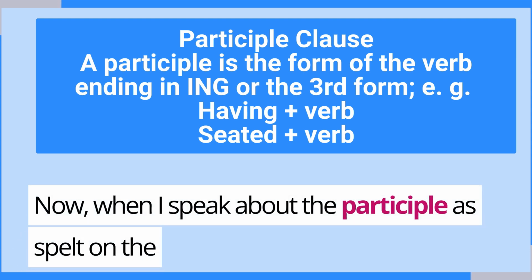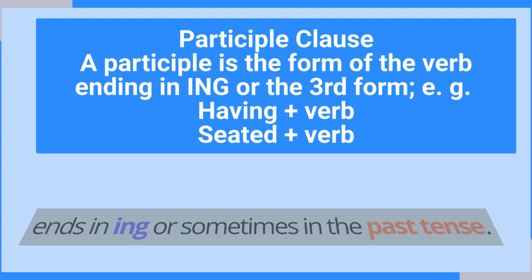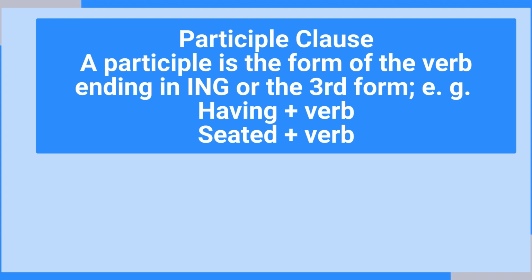Now, when I speak about the participle as spelled on the screen, I am referring to the form of a verb that ends in ing or sometimes in the past tense.